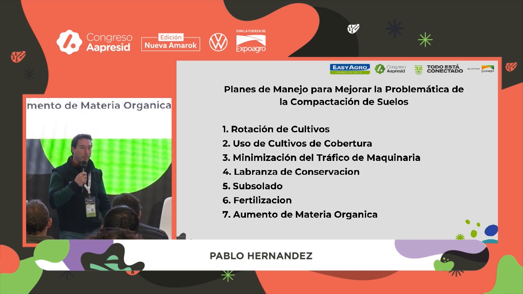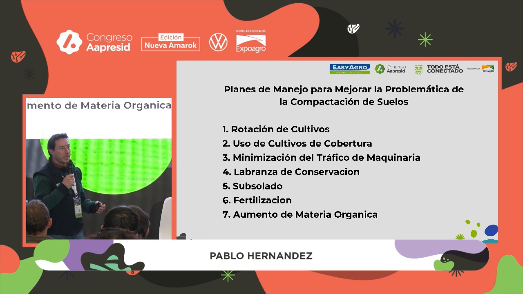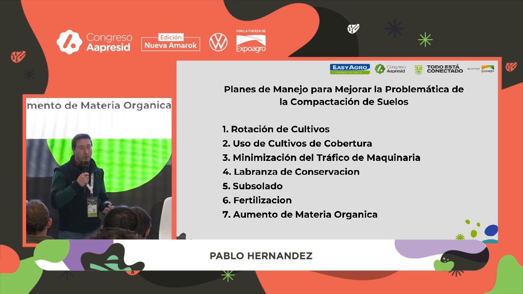And what are the management plans to improve compacting? And this is where we see all of the management that we just saw when the plot is not totally compacted due to man-made practices, and the practices that can help so we don't repeat that mistake.